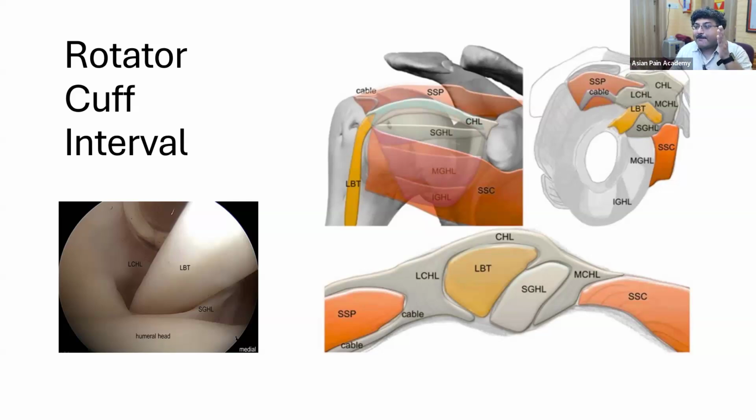Now, if we can approach a space which is close to the long head of the biceps, we can stretch that area with the fluid, and it's not a small volume. Usually 20 to 40 ml of fluid is injected into the rotator cuff interval by the side of the biceps, under the coracohumeral ligament and close to the superior glenohumeral ligament.